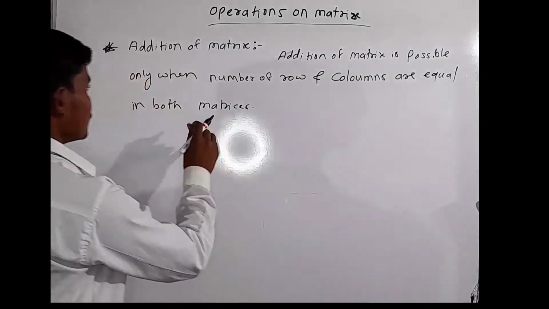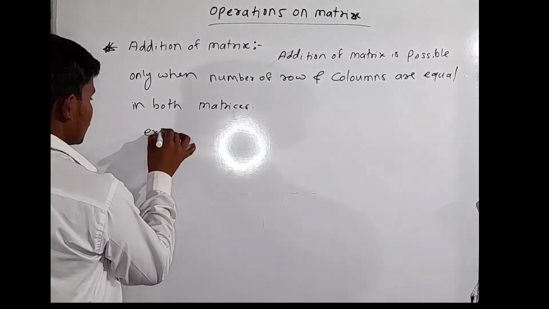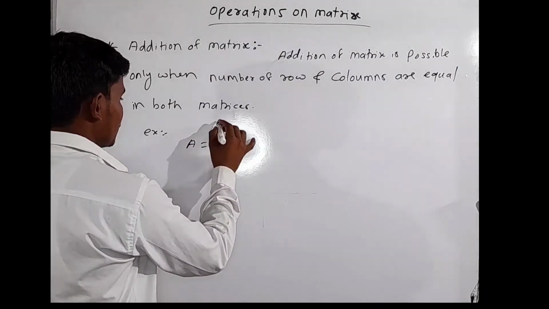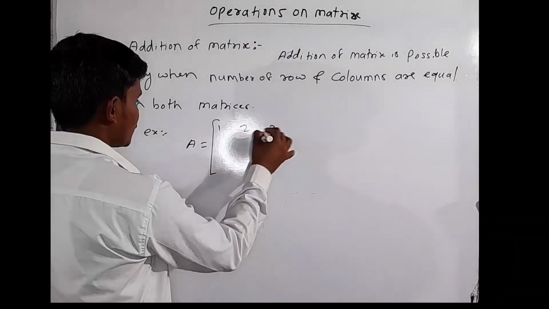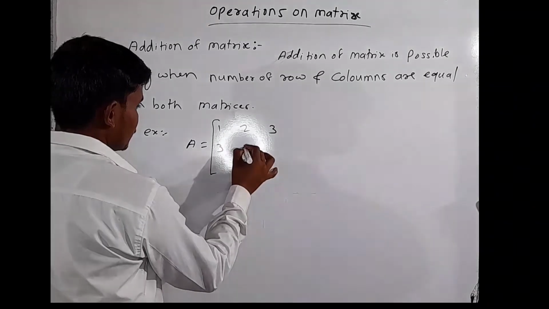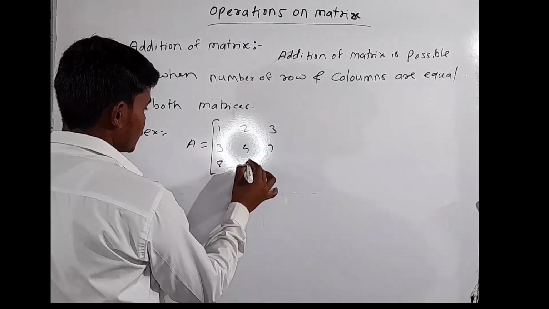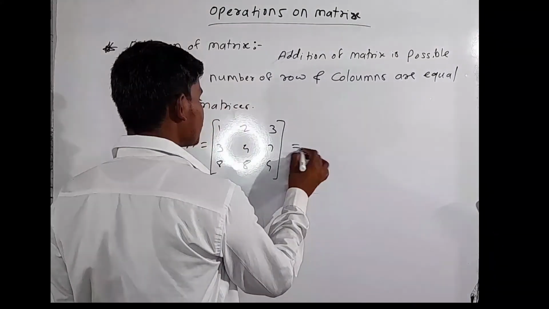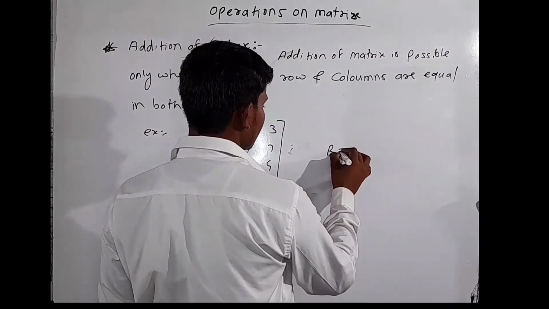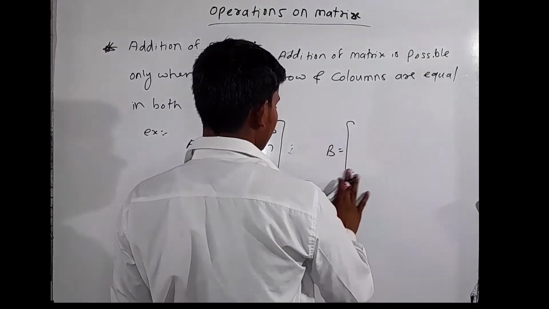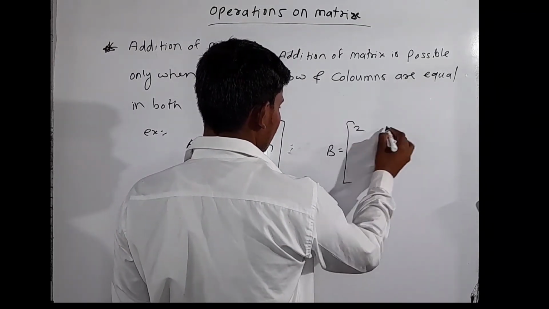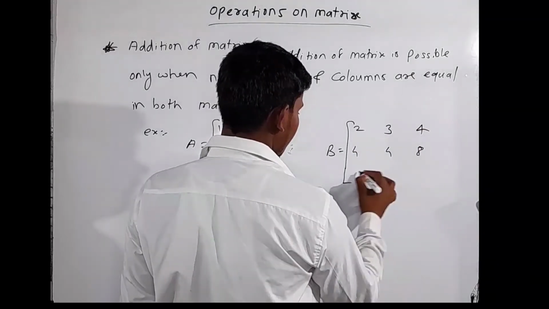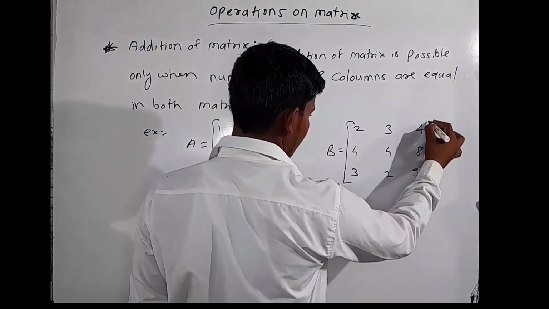So let's take an example: a matrix A having elements 1, 2, 3, 3, 4, 7, 8, 8, 4, and another matrix B having elements 2, 3, 4, 4, 4, 8, 3, 2, 9.